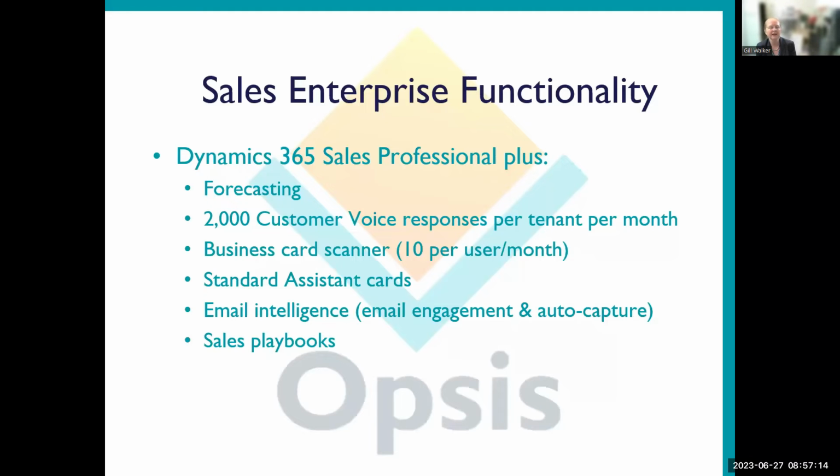And you can configure these assistant cards so that your users get prompted for the things that are valuable to them. We also get a lot of AI functionality, and that includes email intelligence.